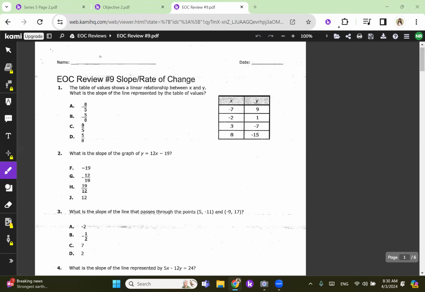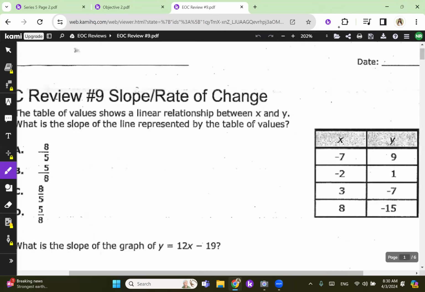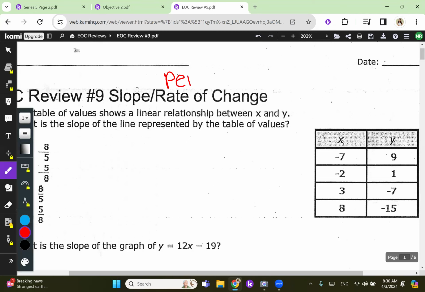Okay, so this packet is all about slope. Other words for slope are what? Rate of change. What else? Per. It won't write. Hold up. Glitching already. Per.